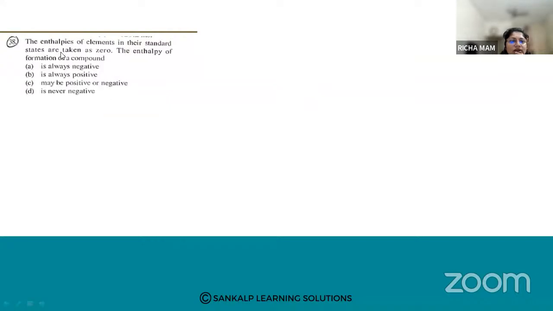Okay, so next question. The enthalpies of elements in their standard states are taken as zero. The enthalpy of formation of a compound: A is always negative, B is always positive, C may be positive or negative, and D is never negative.